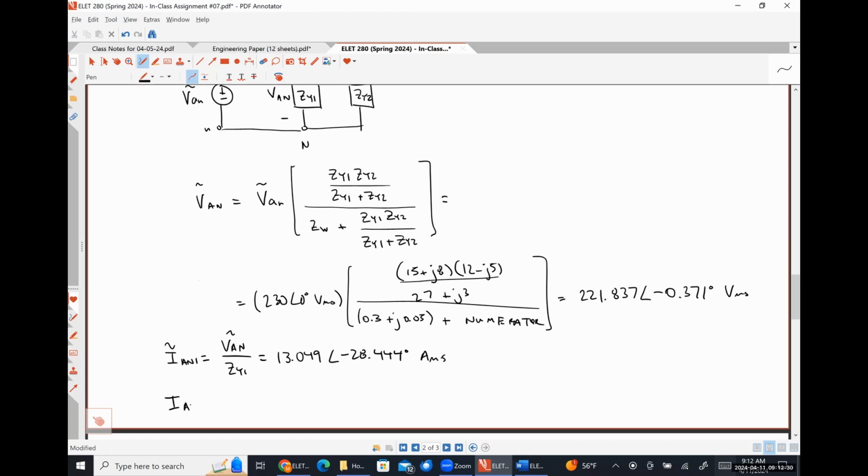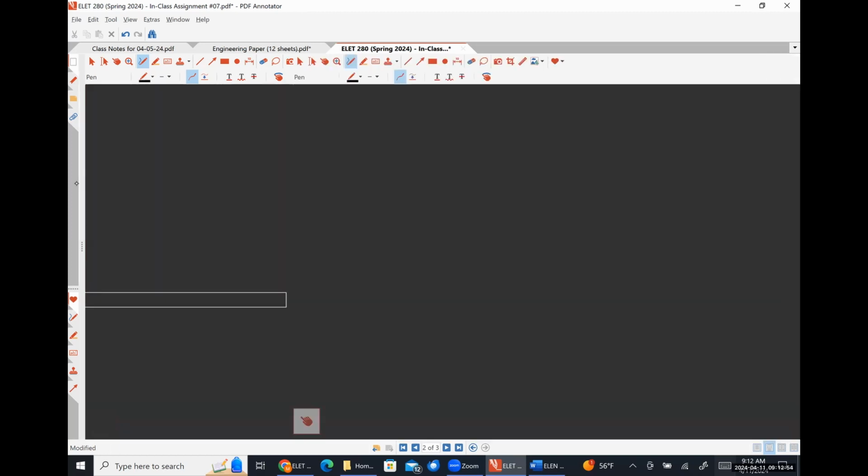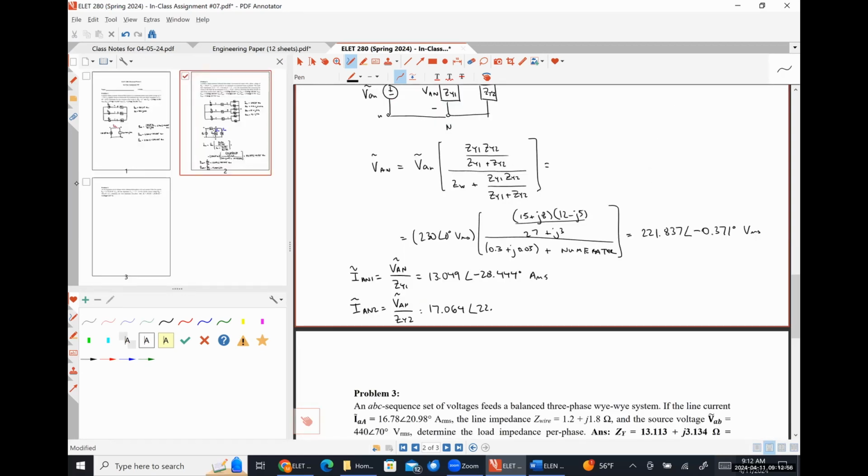And IAN2 would just be that voltage VAN over ZY2. So 12 minus 5i, 17.064, angle positive 22.249.